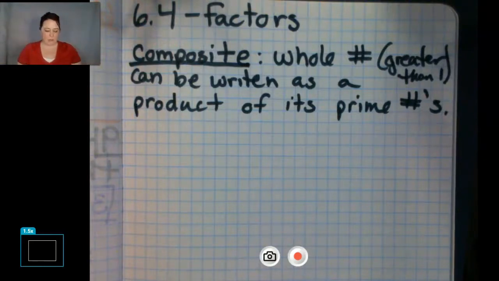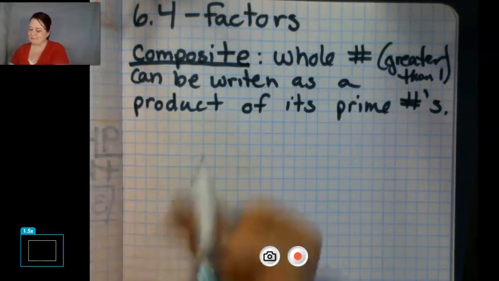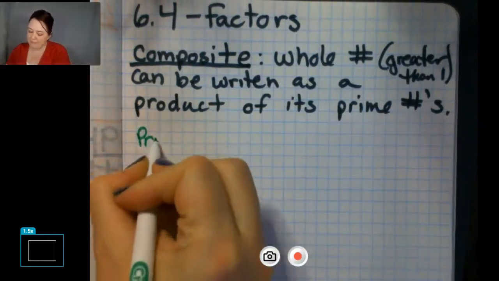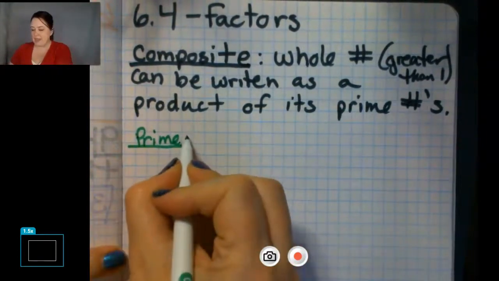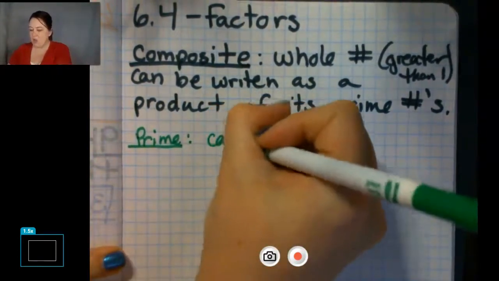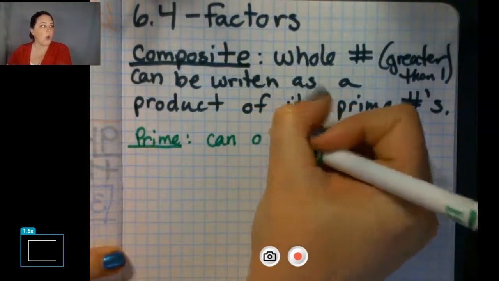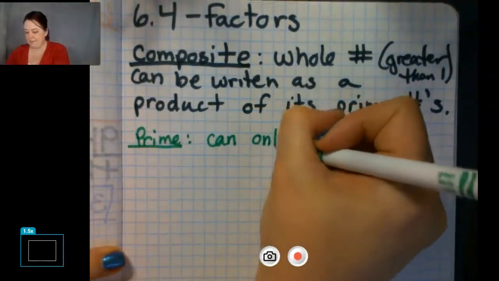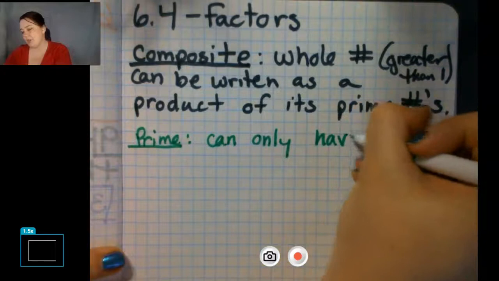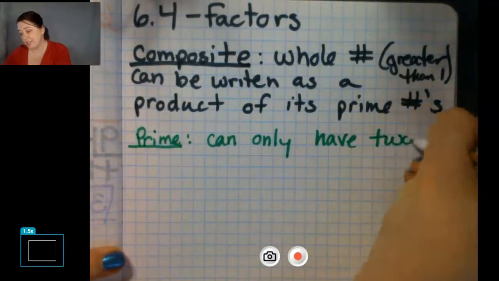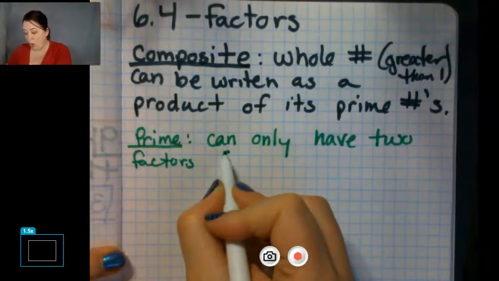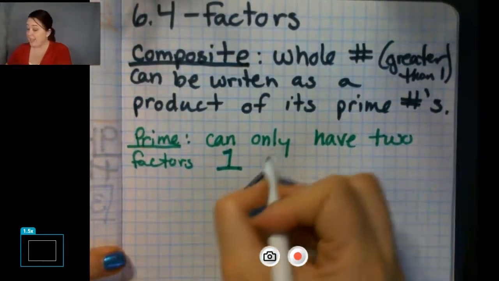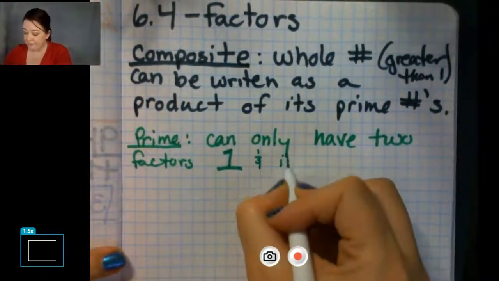Then we have prime. Primes are special. Prime numbers can only have two factors: 1 and itself.